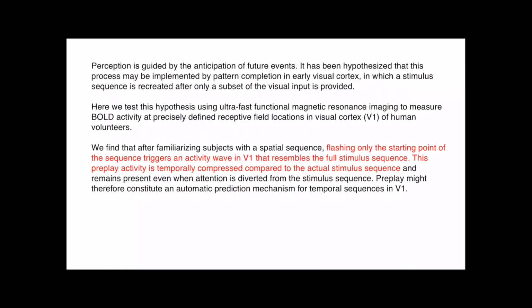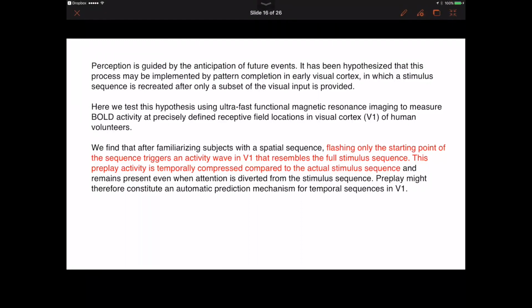So what was done here is subjects were familiarized with flashing stimuli that were presented to them, and from a left to right trajectory, hitting different areas in the retina.